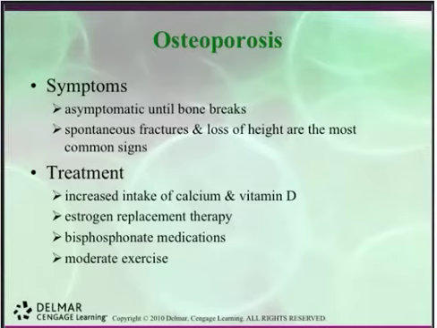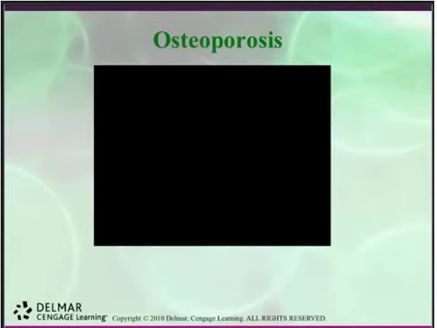The treatment includes an increased intake of calcium and vitamin D, estrogen replacement therapy for postmenopausal cases, biphosphonate meds, and moderate exercise. Examples of biphosphonate meds would be medications such as Fosamax. So here's a look at osteoporosis.